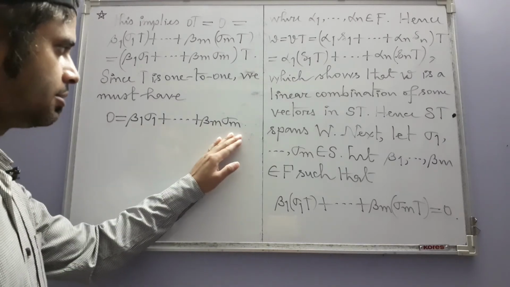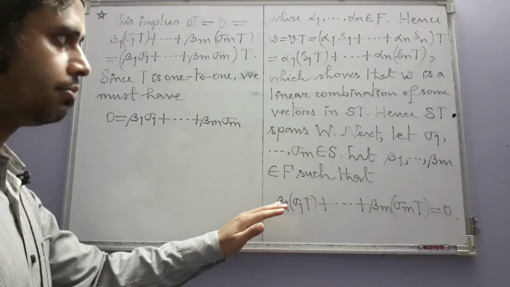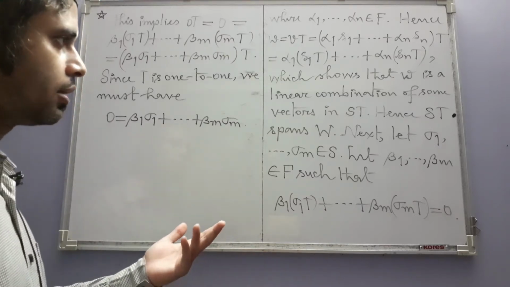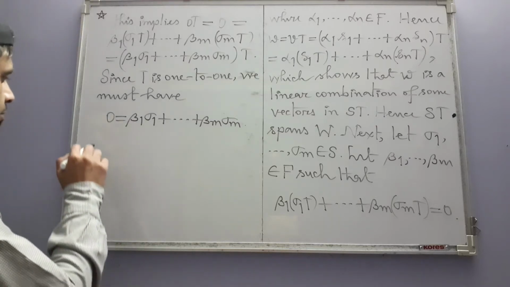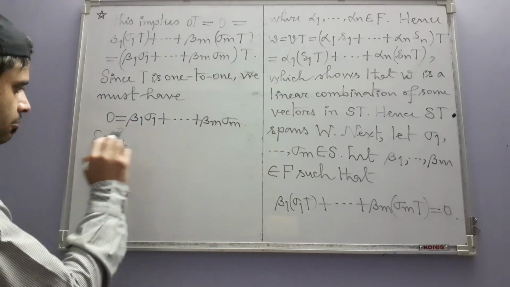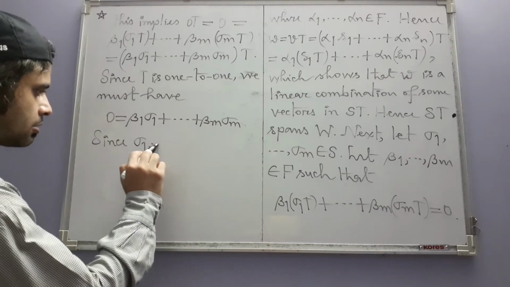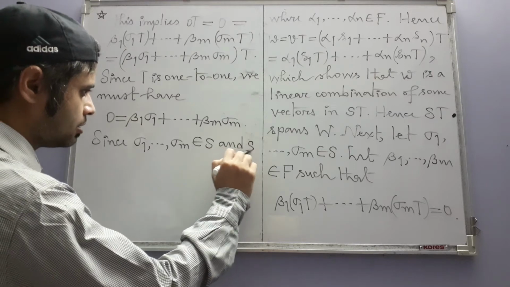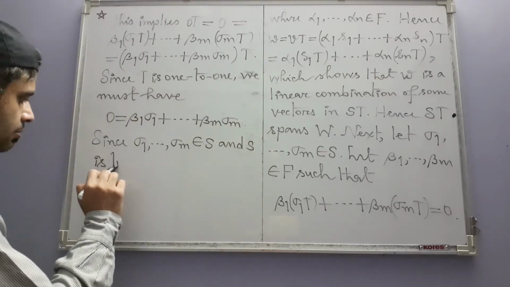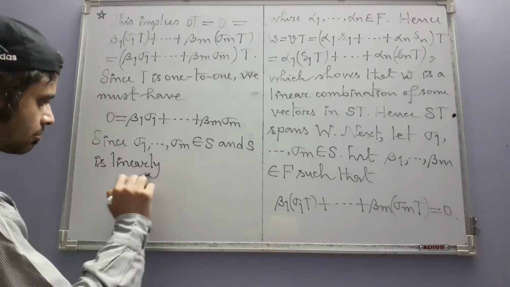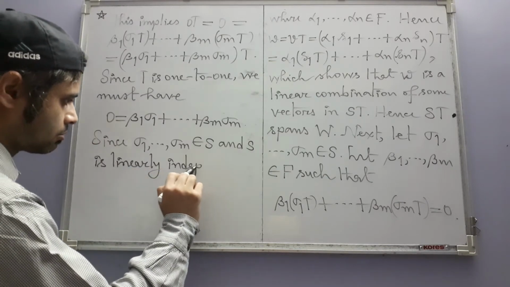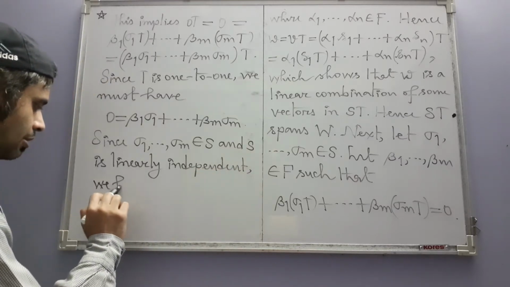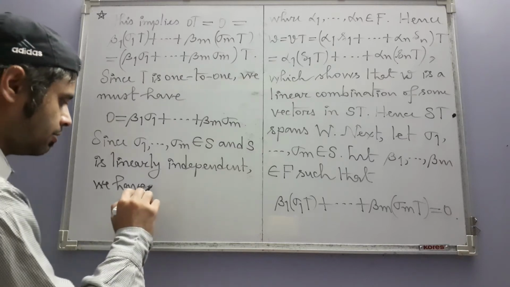But these sigmas are coming from S, and we know that S already is a basis of V. So, in particular, S is linearly independent, since the sigmas are all coming from S and S is linearly independent. All the scalars must be equal to 0.